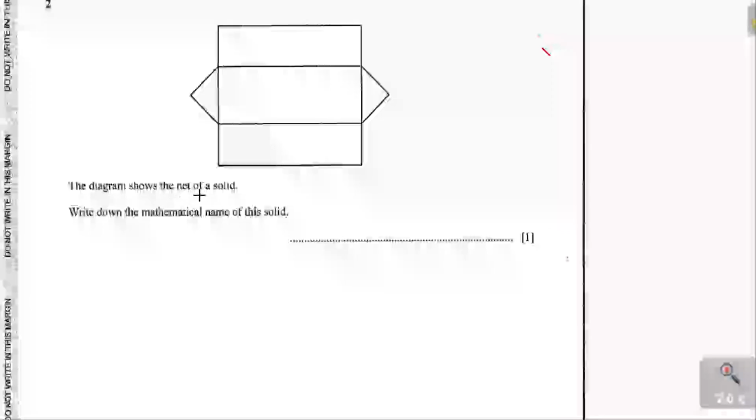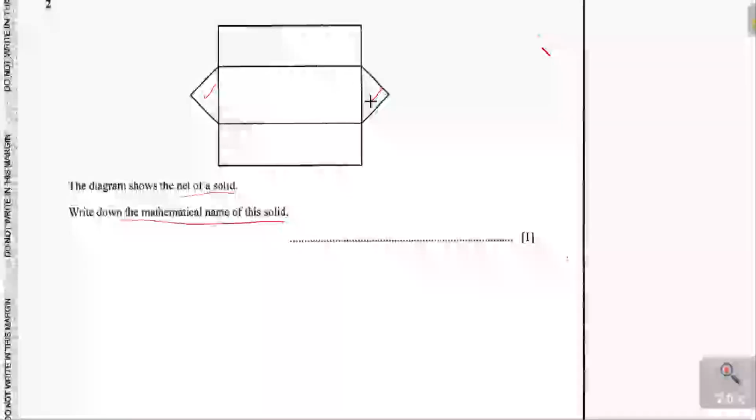Next question, question number 2. The diagram shows a net of a solid. Write down the name of this solid. Look here, in this solid, two faces are triangular and the other faces are rectangular. The shape in which the two bases and other faces are rectangular is the prism.